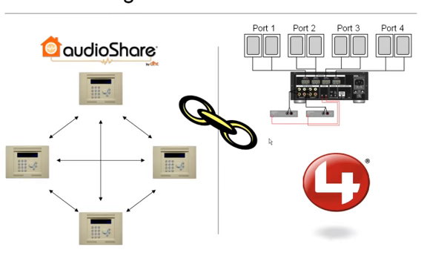Now in an AudioShare system, each one of the wall stations can act as a source of input music as well as an output or zone destination, and they can each talk to each other in a network, so we arbitrarily assign a room or a wall station to a specific port or zone.